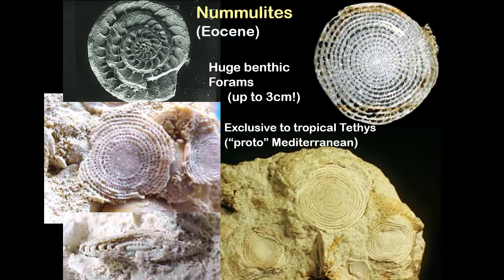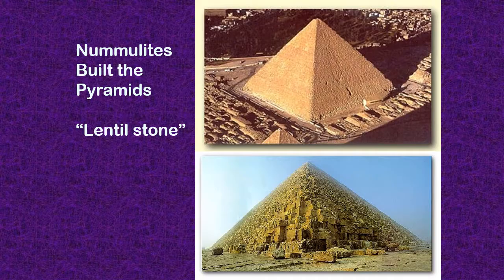When people would see these hundreds or thousands of years ago, they didn't know that they were a single-celled marine organism in limestone. They didn't know what they were. They thought actually they were little wafers, kind of lentils or something. And actually, if you look at the limestone that the pyramids are made of, you find Nummulites in those rocks.